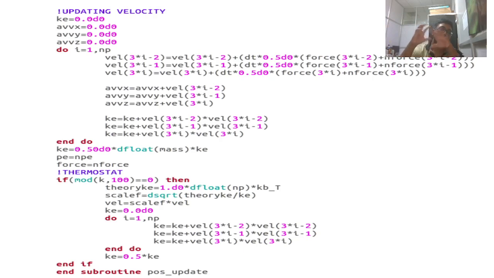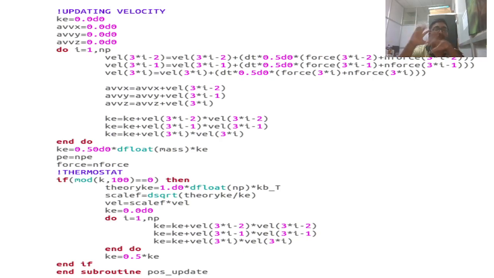But if we are using the thermostat condition, then kinetic energy remains constant, but since potential energy is fluctuating, your total energy cannot be constant. By thermostat we mean the temperature of the system will remain constant, and therefore the kinetic energy will remain constant throughout the simulation.